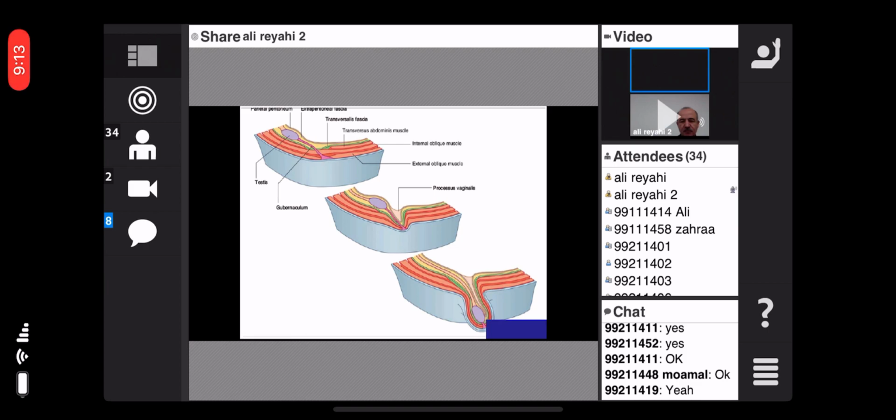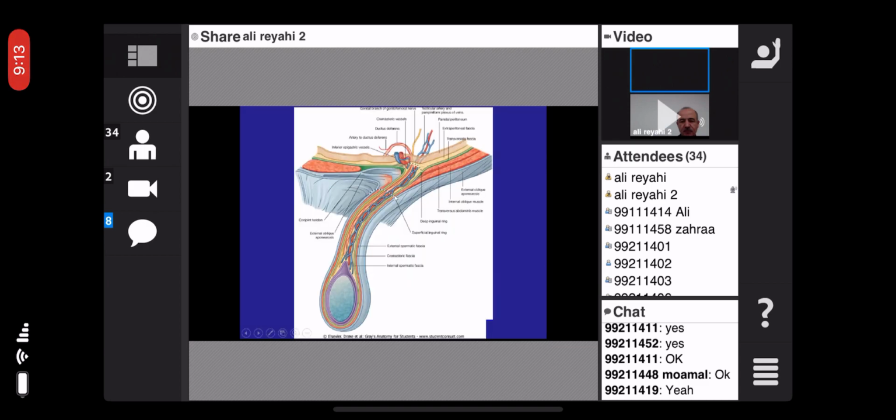It pushes the abdominal wall, and some layers of the abdominal wall surround the spermatic cord and form the spermatic fascia. For example, like this picture. When the testis passes through the transverse fascia, it forms the internal spermatic fascia.